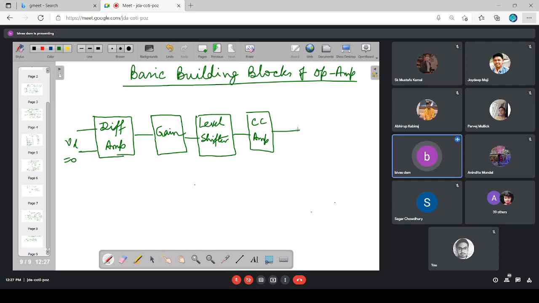So in practice, while the op-amp is being applied practically, this constraint of the level shifter is reflected as non-zero output voltage for the zero input difference voltage. But here you cannot help it. You cannot say that internal to this operational amplifier there is some voltage source.